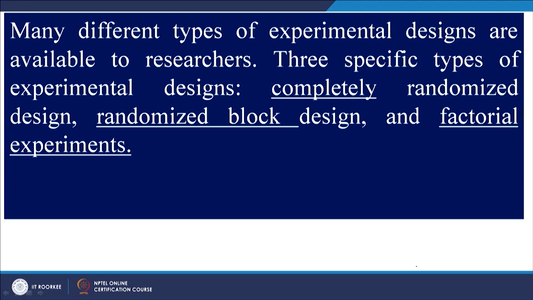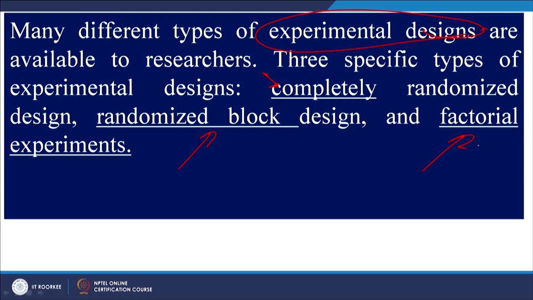There are many different types of experimental designs possible, and there are basically 3 types available. The first one is completely randomized design, the second is randomized block, and the third is factorial experiment.